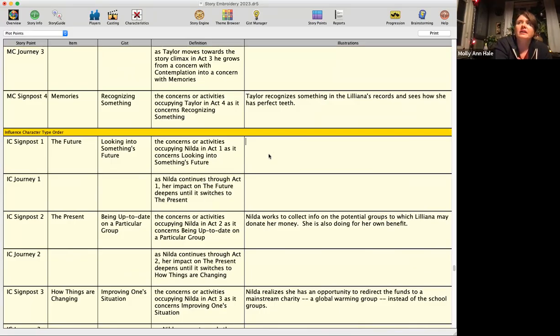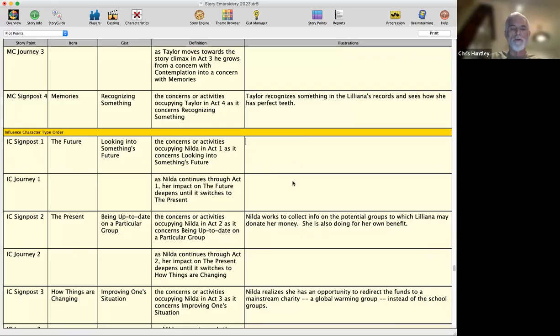She's kind of got panic attacks about the oncoming Armageddon, because she keeps dreaming it every night. And I think until it switches to the present is like, throughout Act 1, it's coming, and then the Armageddon is here, and the panic switches into the present moment.